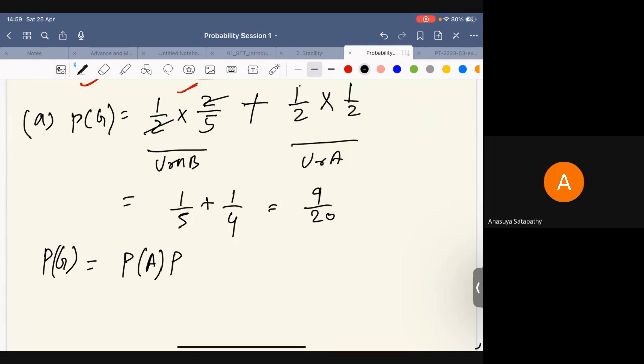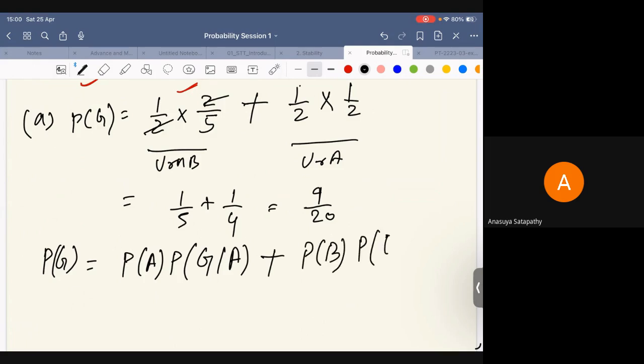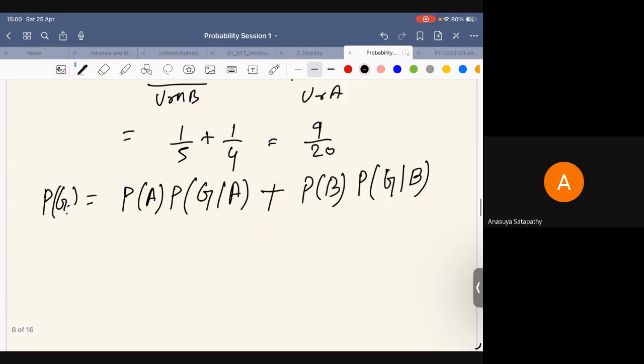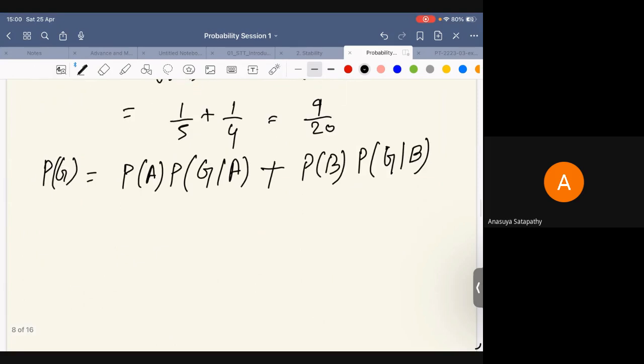Now I have selected urn A, so times the probability of getting a green ball given that I have selected urn A, plus probability of selecting urn B, times the probability of getting a green ball from urn B given that I have selected urn B. Did you understand this part?